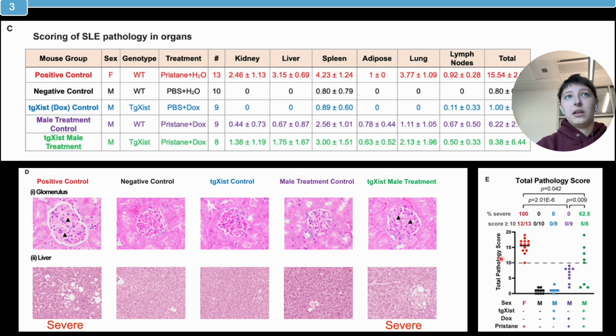And to note, not all of the males had this severe pathology score, and so they did in the future separate these test group males into severe and non-severe. Yeah, so it looks like the trend is continuing, but it's also clear that this test group is not hitting the same level as these wild type females.